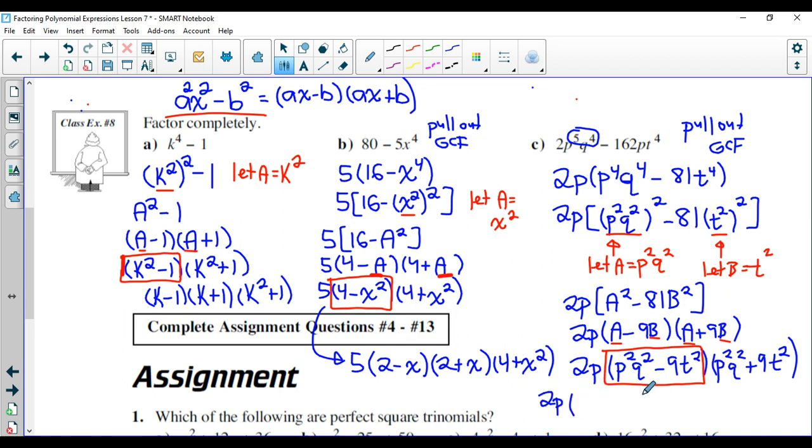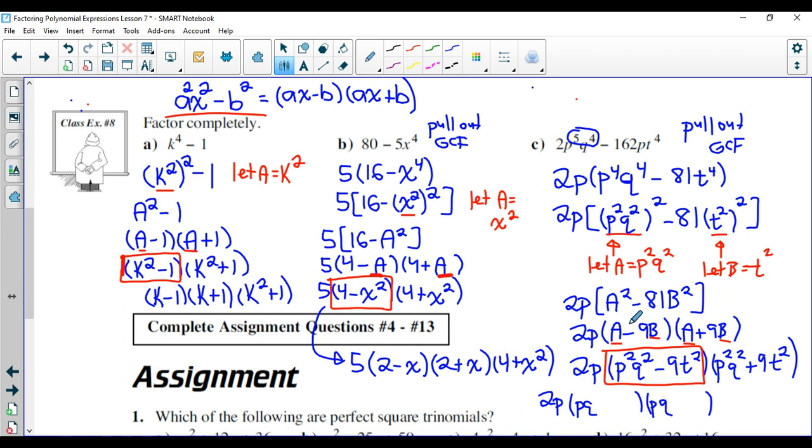Okay, and then let's write down the factors here. The first term in each of these factors would be the square root of that first term. So the square root of p squared q squared would be pq. And then the second term in these two factors would just be the square root of the second value here.